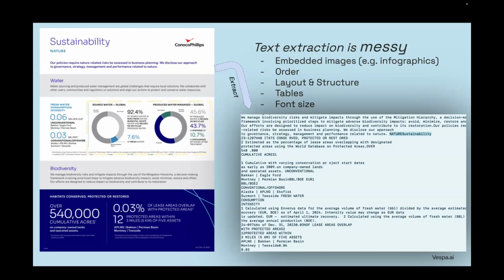You see other parts of the documents, you see here "nature". So basically the two words here have been concatenated into one word. So if you search for "sustainability" here, you're not sure to match it because it's extracted as one word. Stuff is out of order and so on. This is a very common problem.